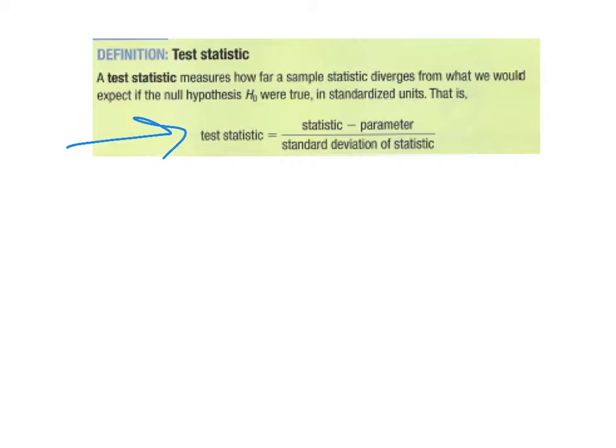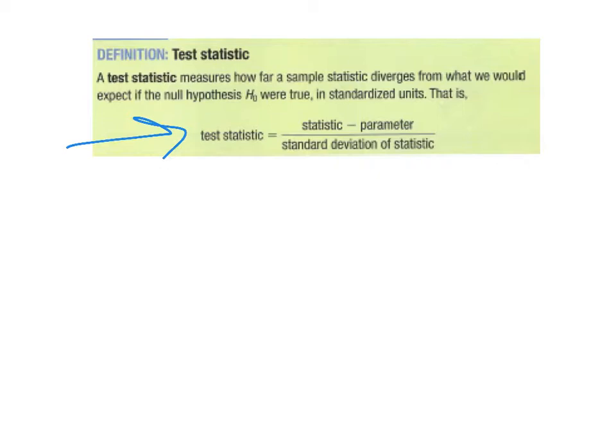Your test statistic measures how far your sample statistic diverges from what we would expect if the null hypothesis were true. Remember, this is all about the null hypothesis. If the null hypothesis were true, how far away is the sample really from it? How likely is that sample to happen, given that the null hypothesis is true? And you can use this to help determine your p-value.